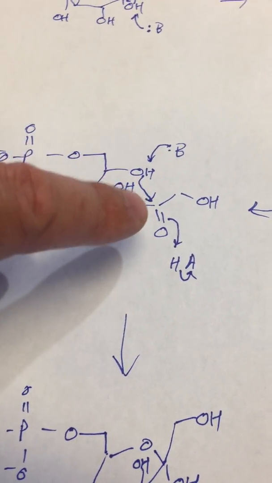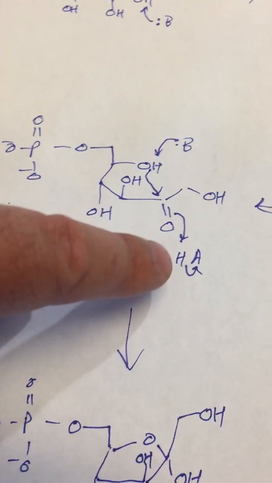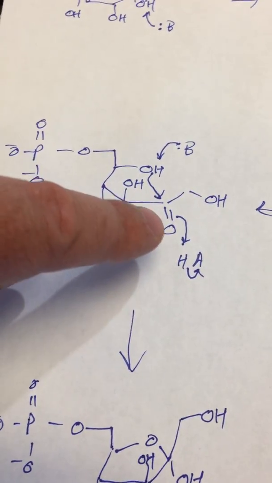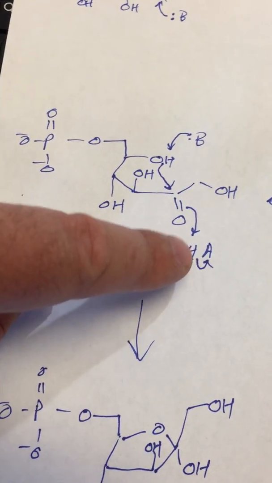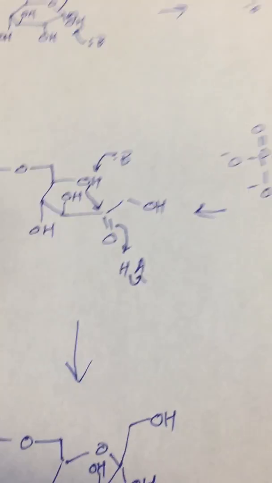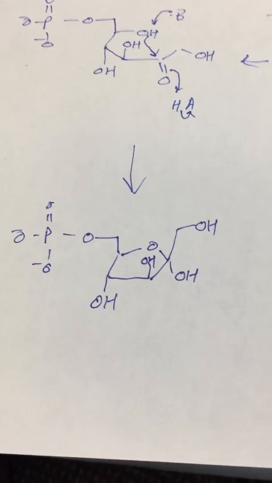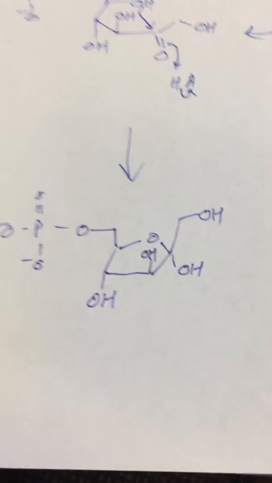That allows it to do a nucleophilic attack, which pushes the electrons up onto the oxygen and then allows them to grab an H+, and the H+ leaves behind its electrons on that acid. And now we have formed our fructose 6-phosphate sugar in the end.